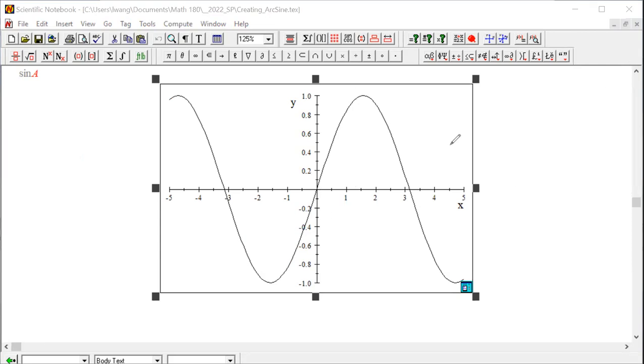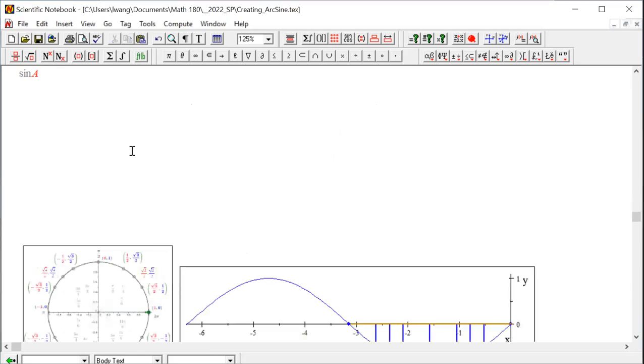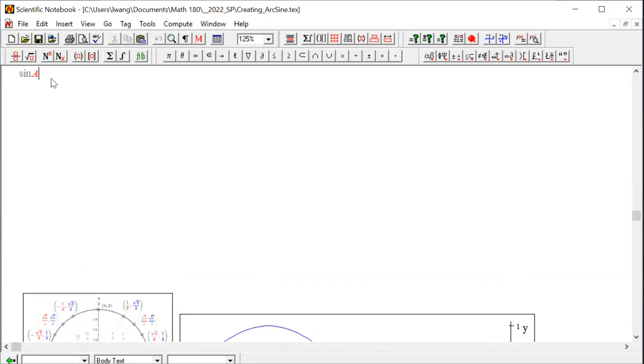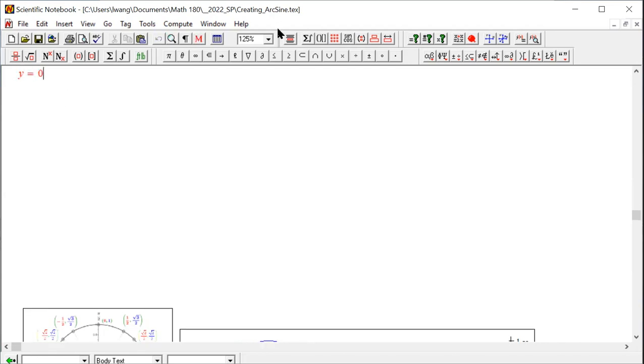Wait, I don't think I want to do this, not yet. We're just going to do the points, because we're doing this from the perspective of the unit circle. We're going to do the other one later.